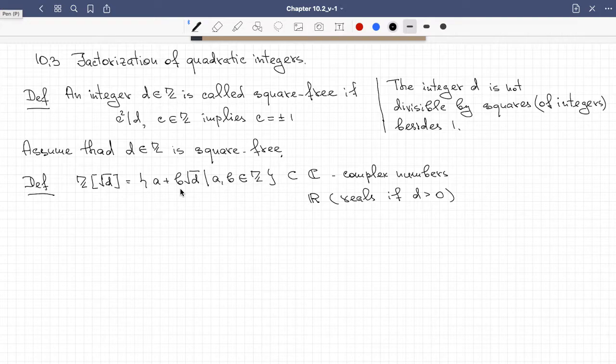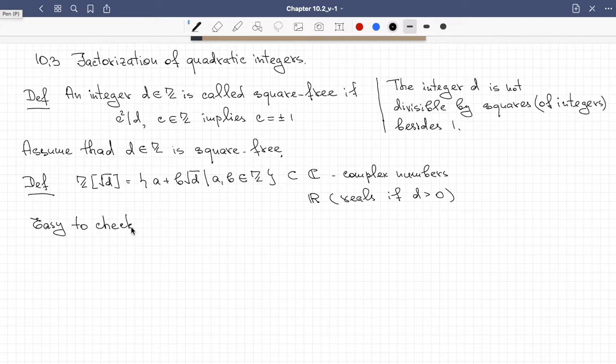And in either case, it is easy to check that this is not just a subset but a subring. Moreover, that is something I will not do, and you can easily do that. It's a very routine exercise, which, if it is not immediately obvious for you how to do that, then try to do that.